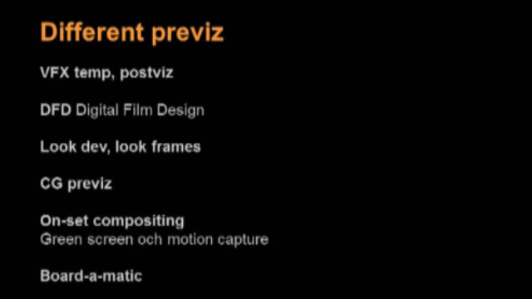And in order to just check the scene, if it works, you can make a temporary low-quality visual effect of the monster and insert that into the shot. A kind of early version of the visual effect, an early composite. And that is often called VFX temp or a post-vis. And that post-vis is then gradually made into better and better versions of the shot until you have the final quality with a photorealistic monster or whatever 3D graphics you have.